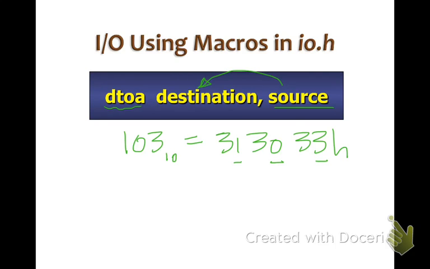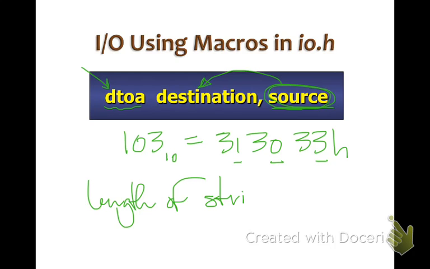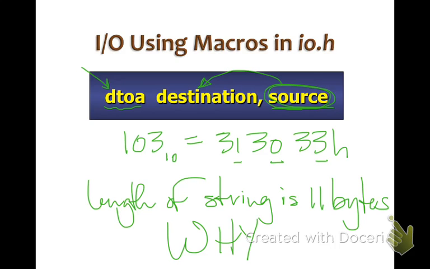Since this is double to ASCII, it's going to read the source and convert it to a series of ASCII characters. The length of this string is 11 bytes. So my big question is why? Why 11? So I'll come back in class and we'll talk more about that, or maybe see if anybody has an answer.